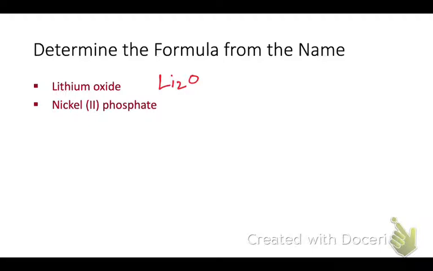Let's look at the next one. Nickel(II) phosphate. Well, here is nickel. 2 means a +2. Phosphate is PO4 -3. Now look at this. This is not balanced. I have more negative charges than positive charges, so I fix that by adding another nickel.